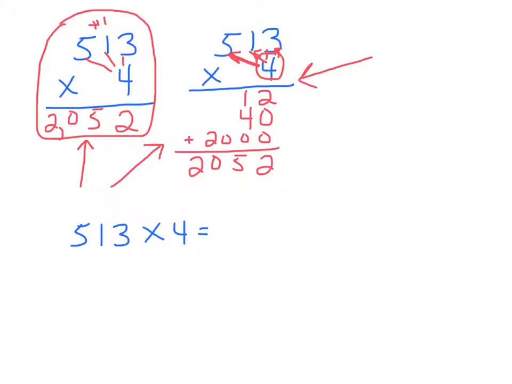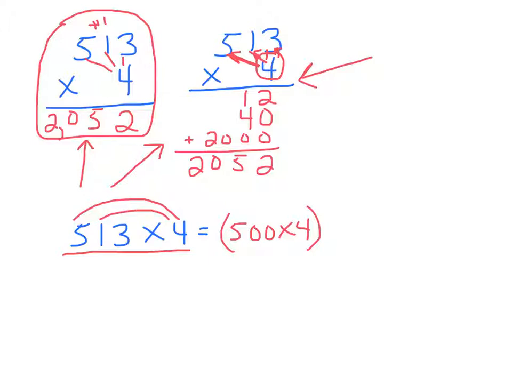Sometimes, instead of doing this problem up and down, you might do the problem across, like I have here, 513 times 4. Once again, I could distribute that 4. Now this time I'm going to do 500 times 4, with the 5 being in the hundreds place, plus 10 times 4 because that 1 stands for 10, plus 3 times 4.